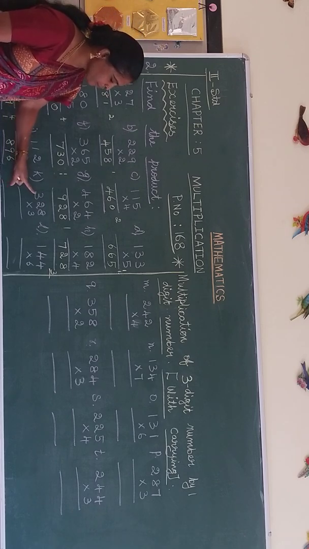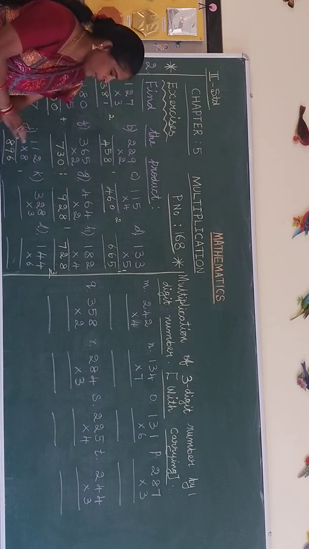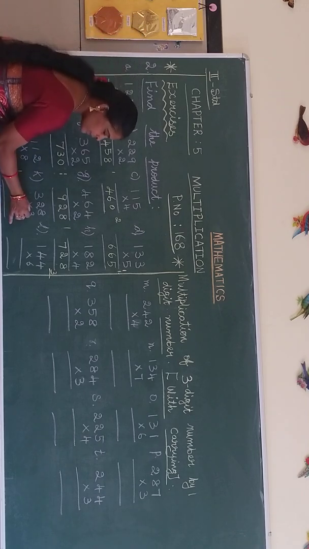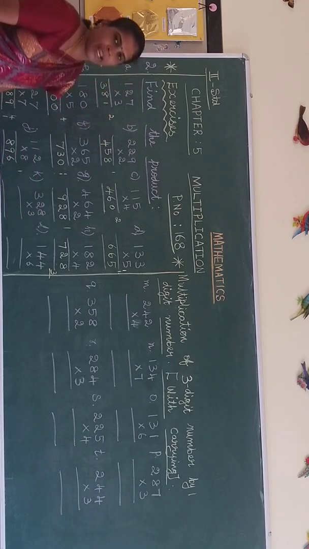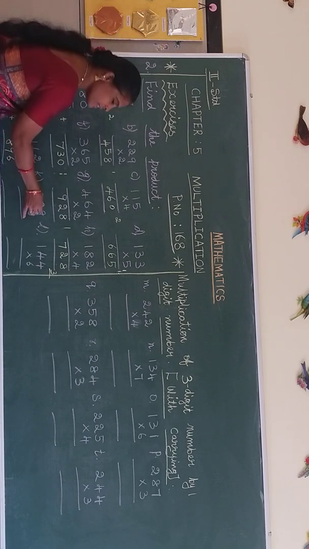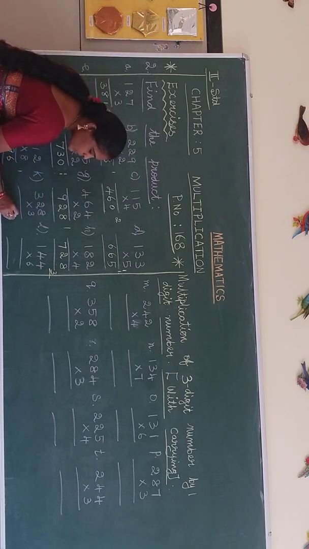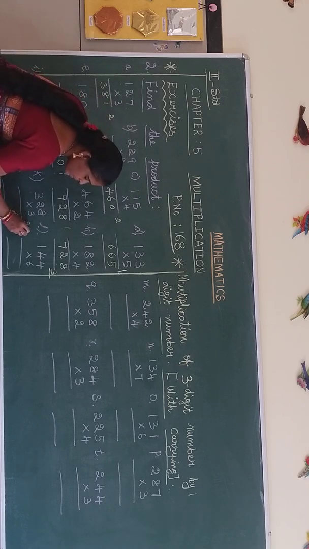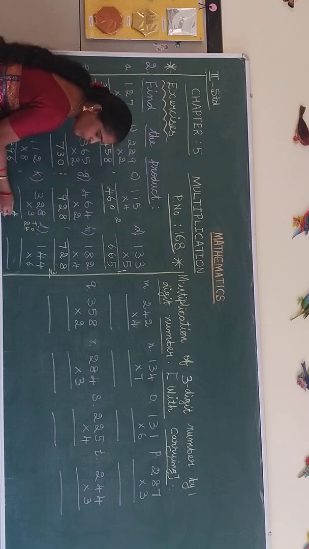Come to the next sum. 328 multiplied by 3. 3 8s are 24. Third table, up to 8, you have to say 3 8s are 24. In this 24, 4 in the ones place, 2 in the tens place.